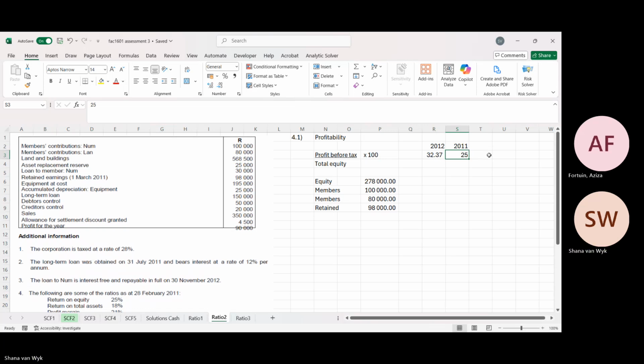Or we received more members' contributions, which I guess is good since you have more members now in the CC.